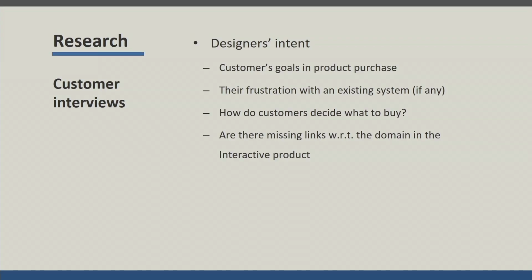Now, are there missing links with respect to the domain in the interactive product? Okay, so for example, out of customer interviews, you might get insights that there are several things which are missing in terms of features, okay. So an earlier released financial share and stock trade application might be missing certain features which are emerging to be more and more relevant in that particular domain.